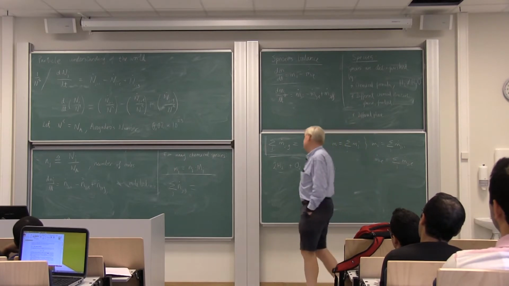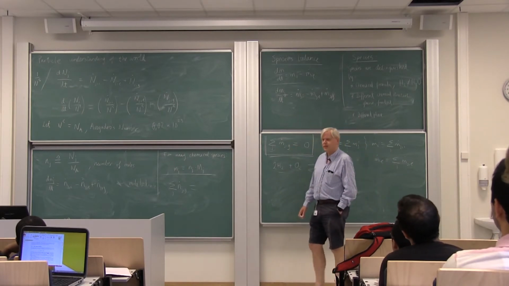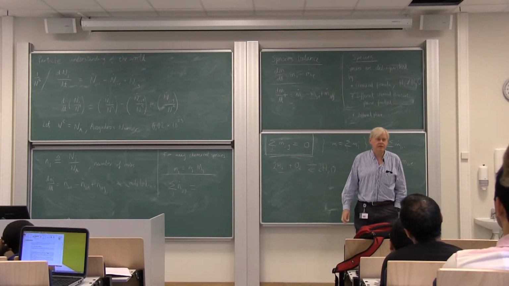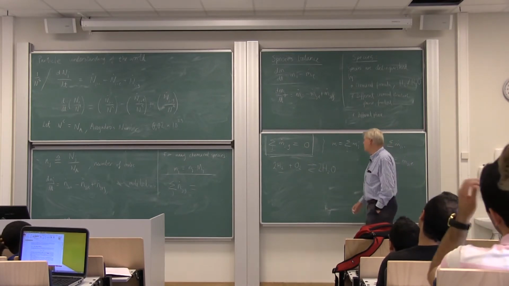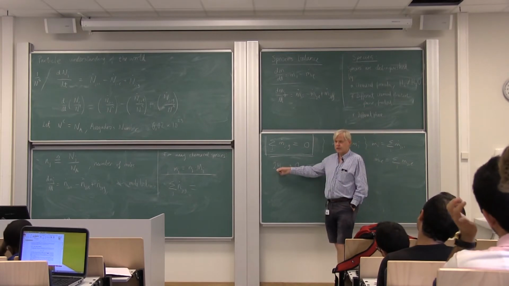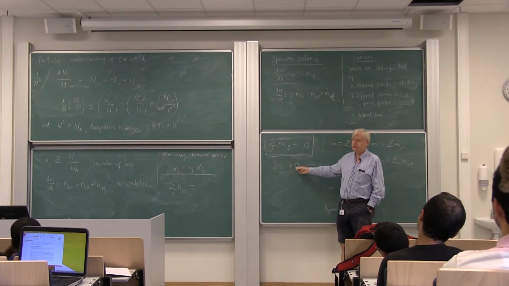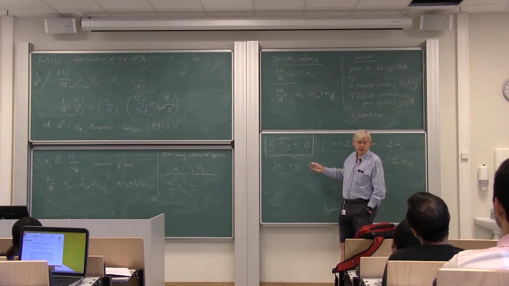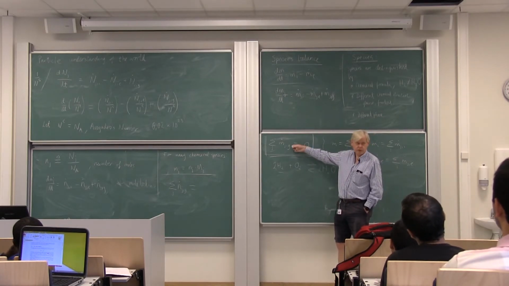Why? Well, a very simple example. Look at this one, for example. This is a so-called stoichiometric reaction. If there is a reaction going on between hydrogen and oxygen, we produce water. And if we use mass-based species balance, then it adds up to 0.